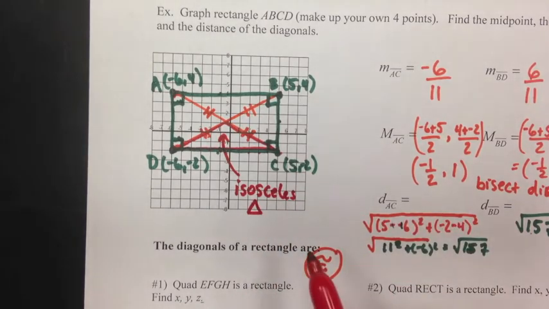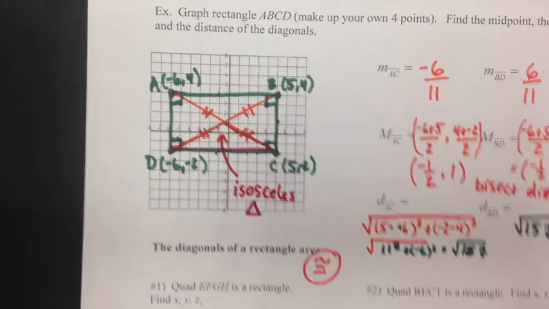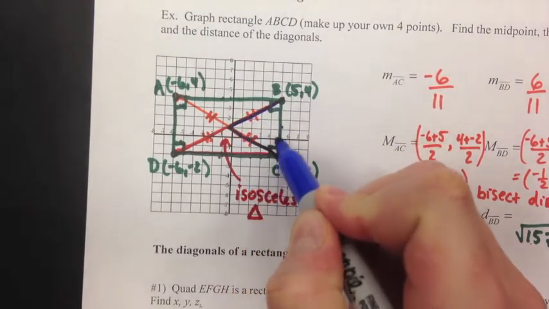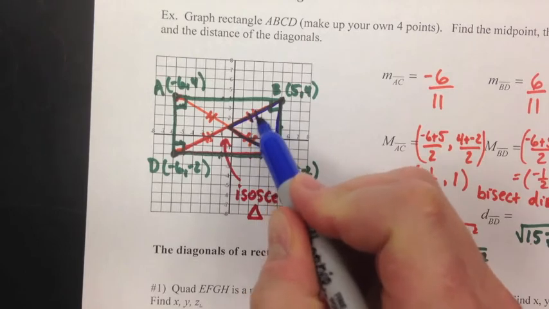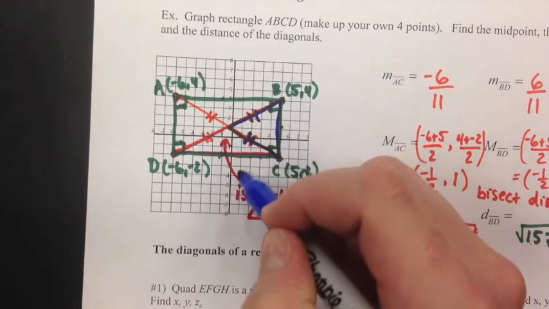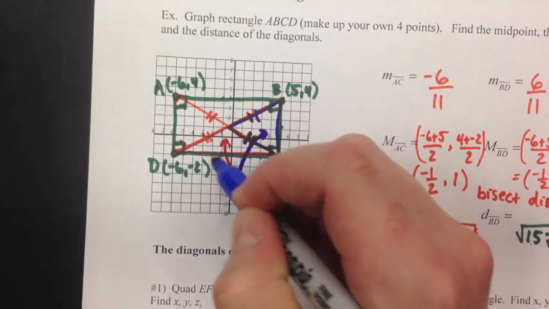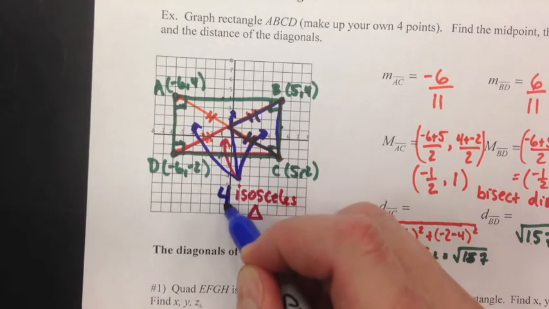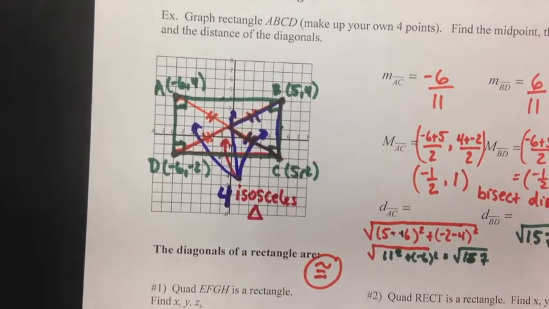And as a matter of fact, if I look at a different triangle, how about this one here on the right, notice that that's also 2 sides congruent. That's isosceles. All the triangles are isosceles. You get 4 isosceles triangles.